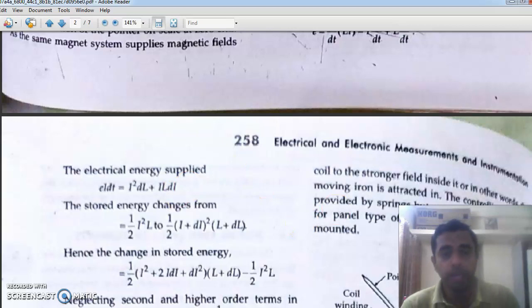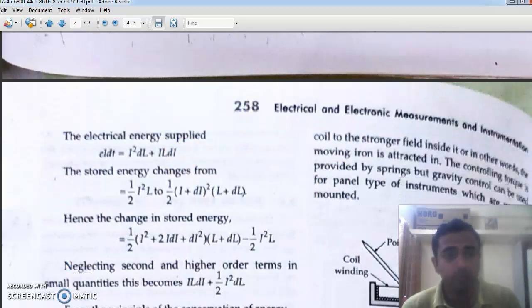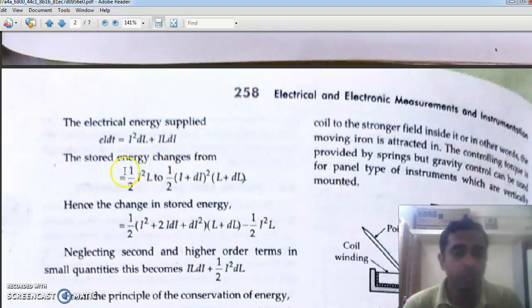So this is what I get. Now, initially this was my stored energy, half L i square was my stored energy. And what is the present stored energy? When there is an increment in current di, I becomes I plus di, the whole square, plus there is an increment in inductance, that is L plus dL.